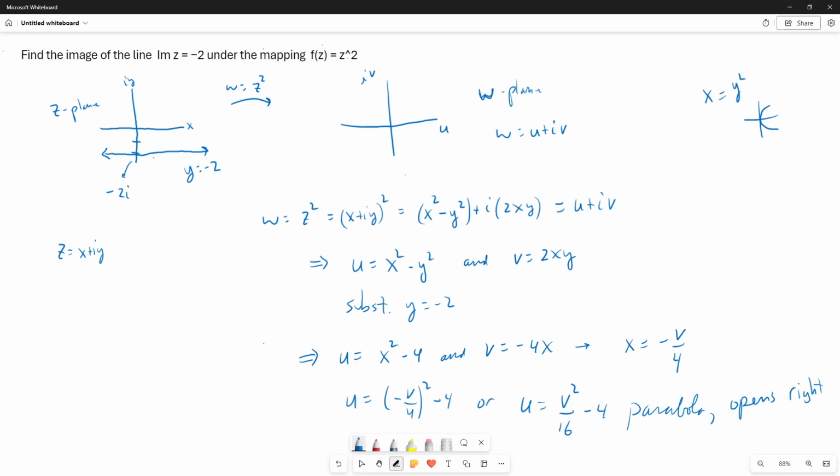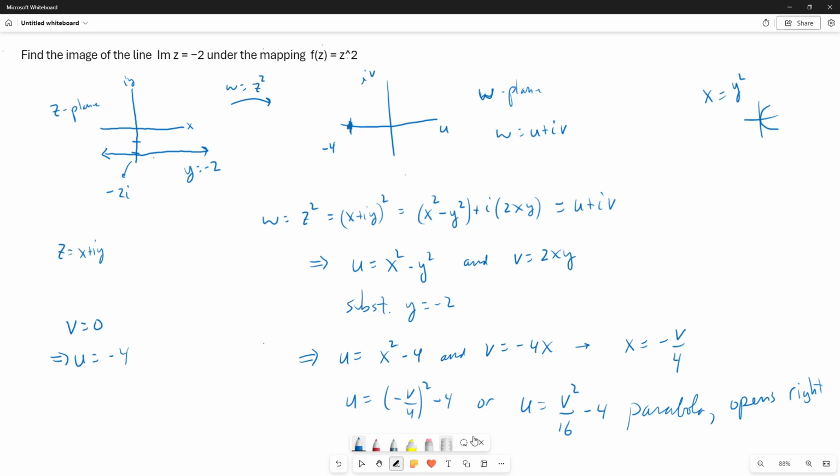And let's look at some details here. Let's find the intercepts. If v is equal to 0, then that means that u is equal to -4. So that means that we have this point here, -4 is on the parabola.